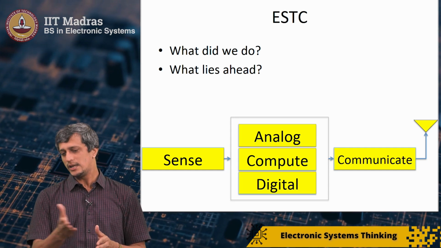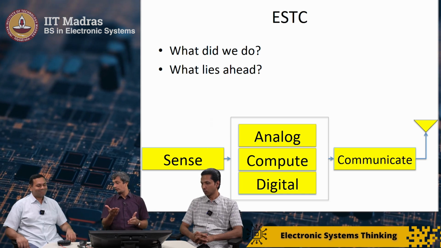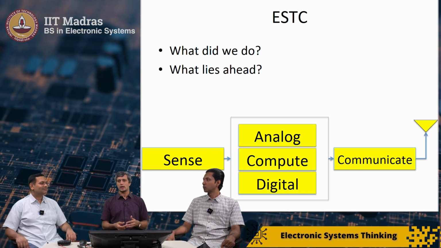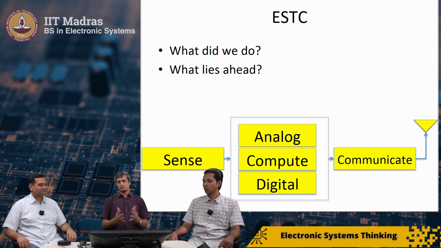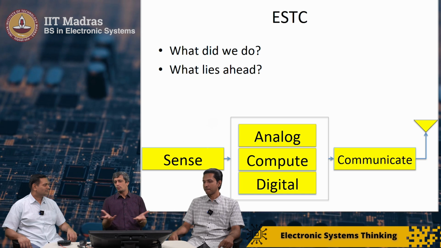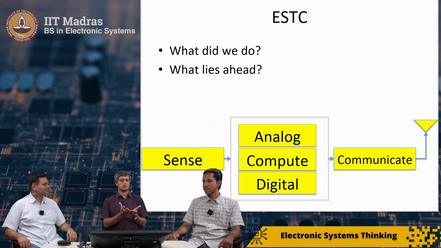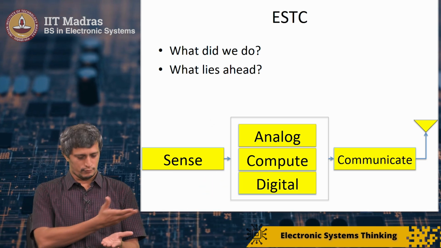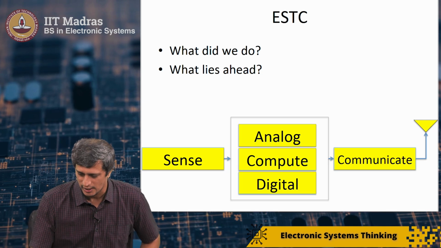And eventually you want to communicate. We did amplitude modulation, frequency modulation, and then even looked at sending that data out through an antenna. So these are the primary building blocks of any electronic system. And in this course, we went through various aspects of these blocks.